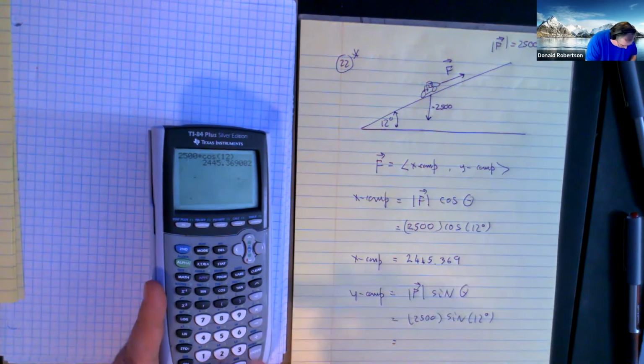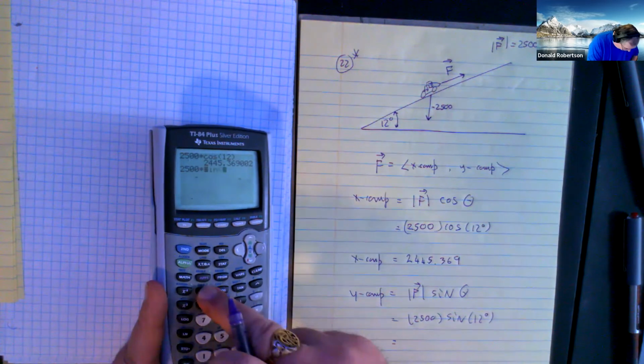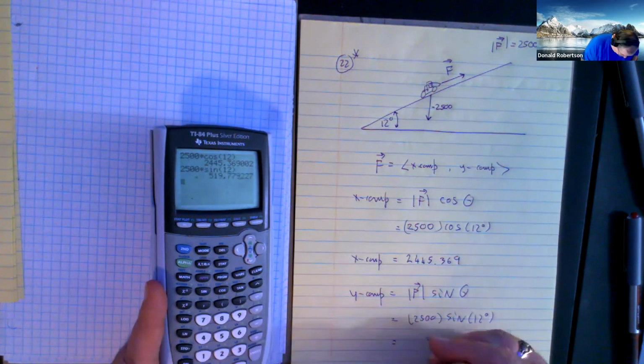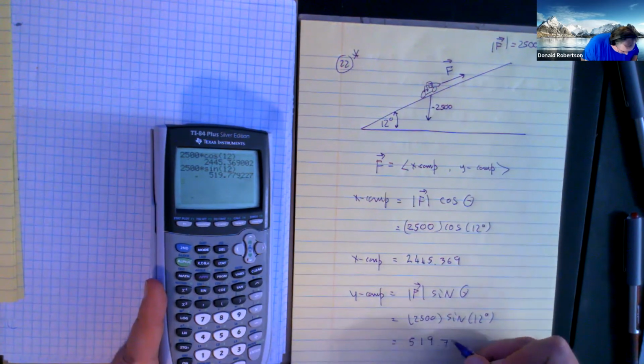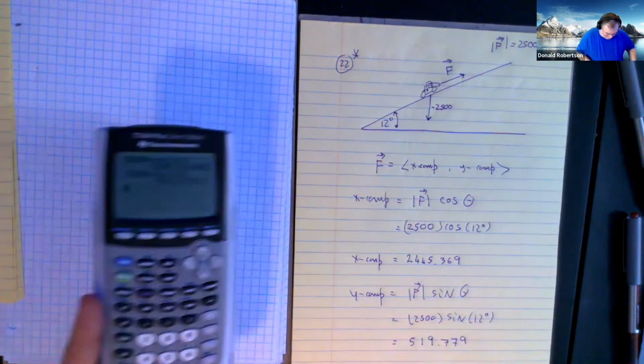This fella here then, 2,500 times the sine of 12 degrees is 519.779.